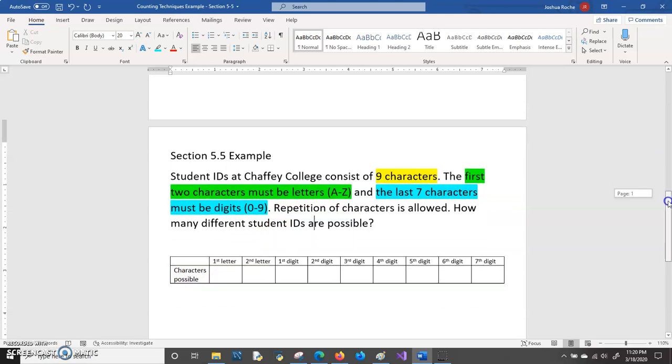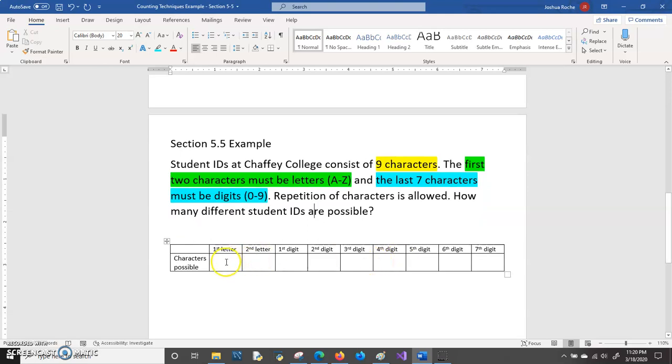I made another table showing the different sequences of choices that you'd have to make. Let's say that Chaffey College is going to pick out an ID for you. When the college picks out a letter, they have 26 different letters to choose from for that first letter. For the second letter, they have another 26 to choose from because they can repeat the same letter if they want.